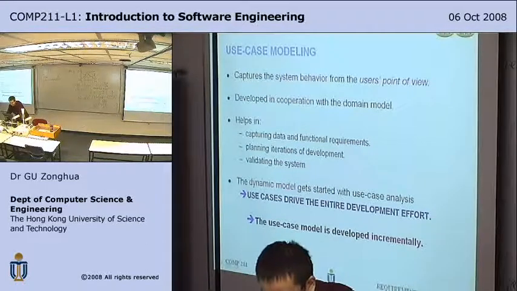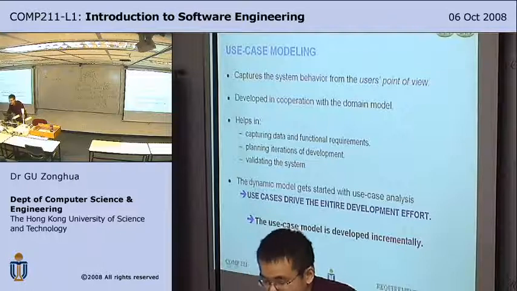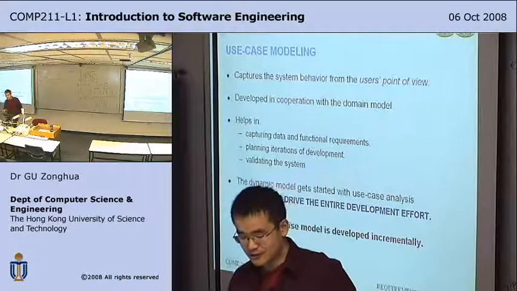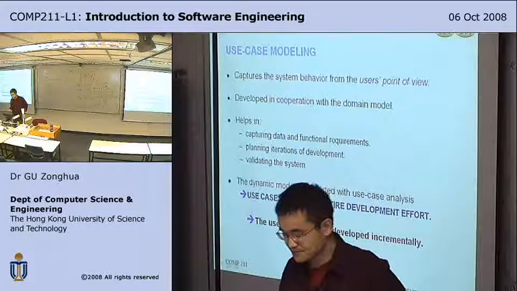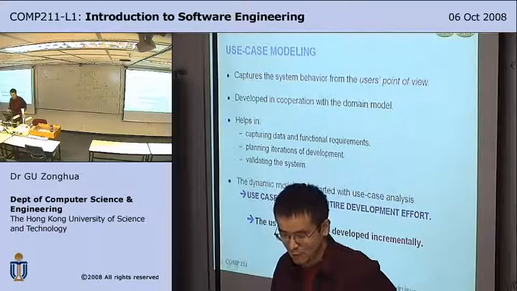Dynamic model describes the operation. Use cases drive the entire development effort. Remember the 4+1 view of the unified process, where use cases sit in the middle, and then you have 4 views. One is the analysis and design and implementation and deployment.